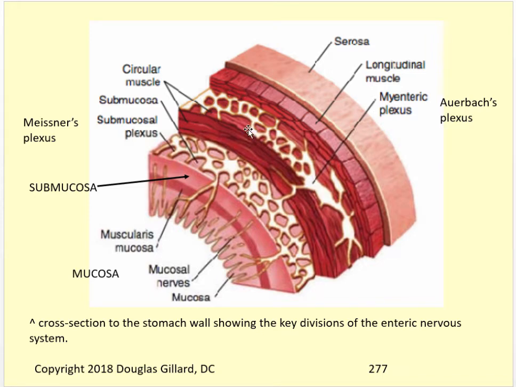So that's Auerbach's plexus, in that muscularis layer. Then you go down to the submucosal layer. Between the submucosal layer and the circular muscle of that muscularis layer lives the submucosal plexus. Submucosal means it's going away from the lumen. So these are the two components of the enteric nervous system.